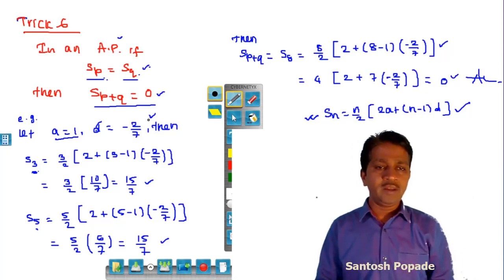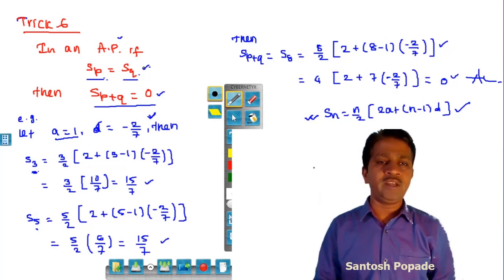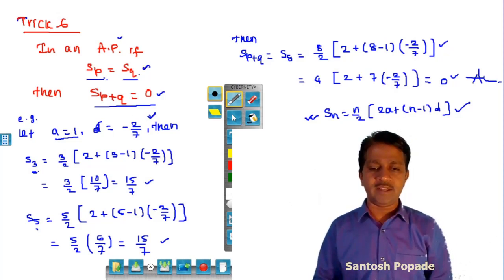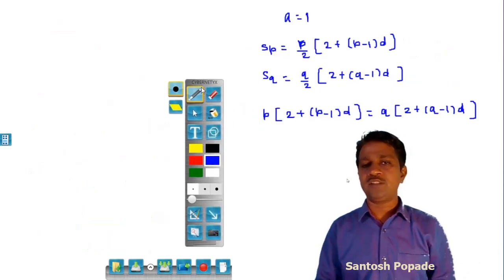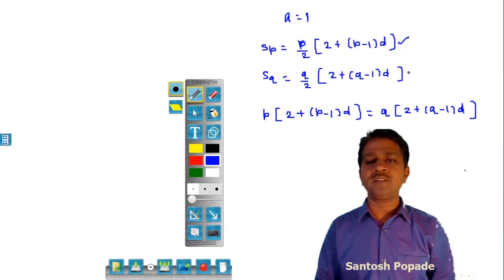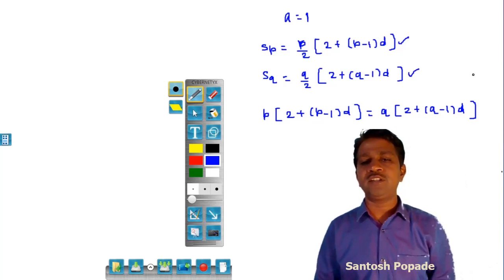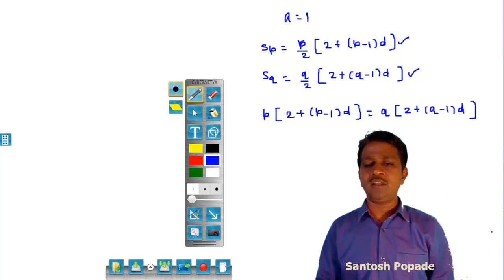So I have derived the values of A and D by assuming SP to be SQ. Here, let us see one example of that also. I have assumed the formula for the sum of P terms and the sum of Q terms, and I have equated SP equals to SQ, cancelled these two, and then solving, I got this.